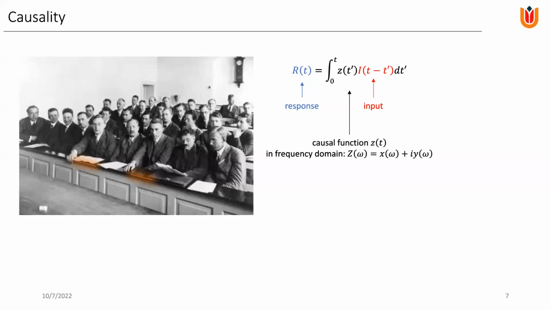So the response can be instantaneous, or it can also be an input that lasts for some time. This is the function that describes the system, the causal function chi of t, and we can write that. So there's a time domain function, we take the Fourier transform, and then write it in the frequency domain.